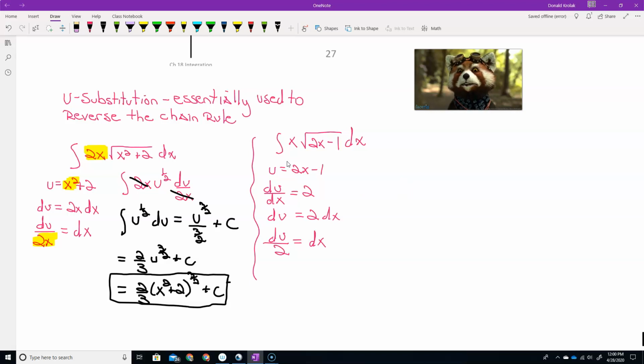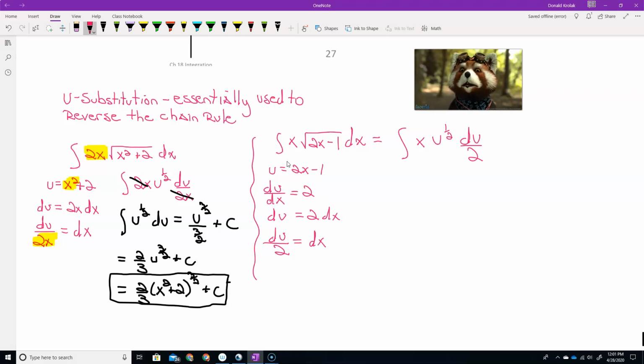Now, what happens when we do our substitution here, we have x, now I've got u to the 1/2, and then I've got du over 2. And the problem is there's nothing to cancel out that x. So you can't integrate it when you've got these two different variables in it.